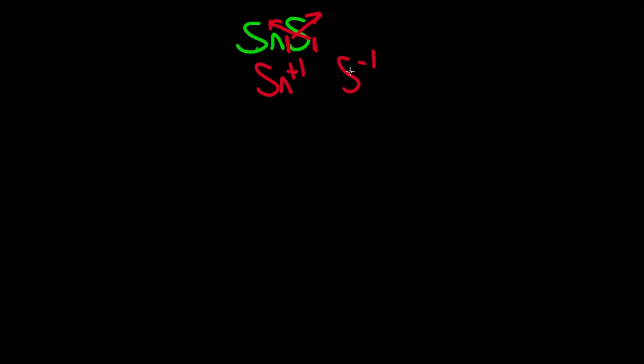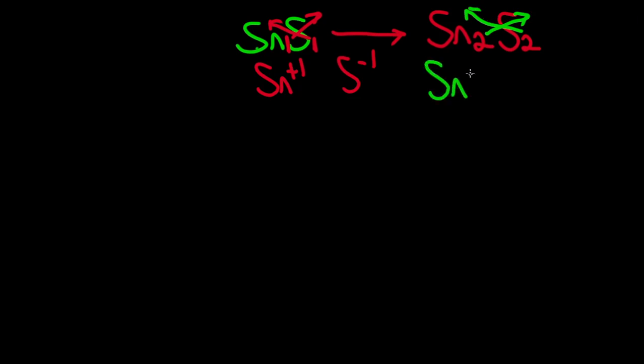It should actually have a -2 charge. So that means that actually I would have Sn2S2 over here. So I can crisscross these and I get Sn +2 and S -2.